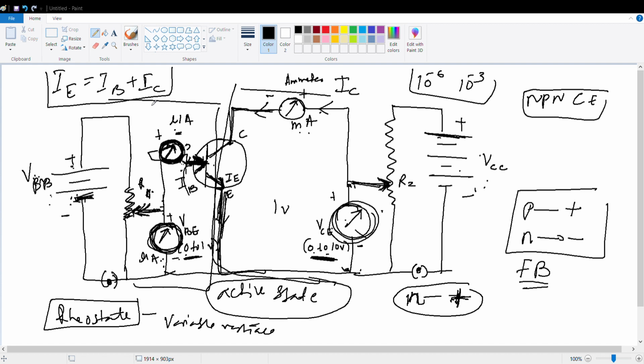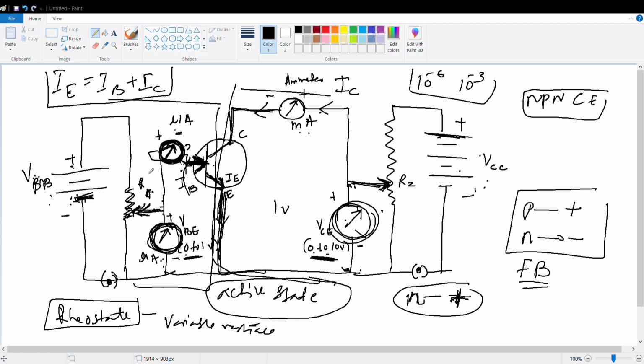So we will go to the next topic. How is the transistor used as an amplifier? First of all, what is an amplifier? Anybody? Come on. What is an amplifier? What does the word say? Who will tell me what is an amplifier?